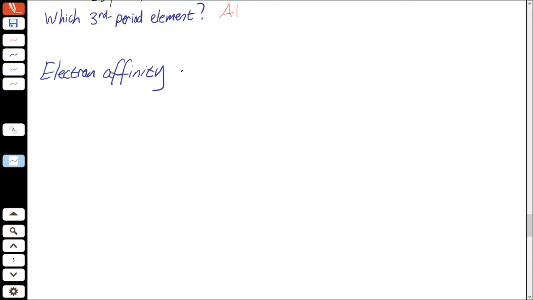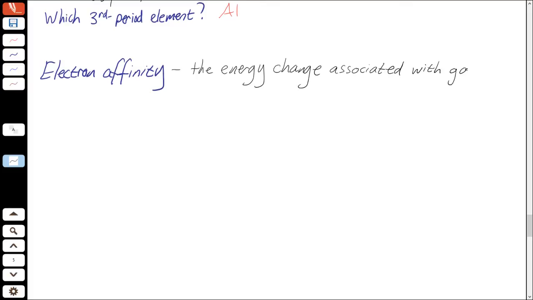Electron affinity is the energy change associated with gaining an electron, again in the gaseous state.